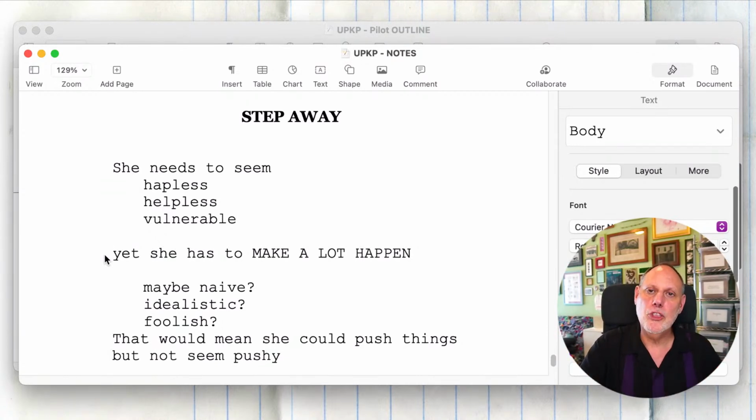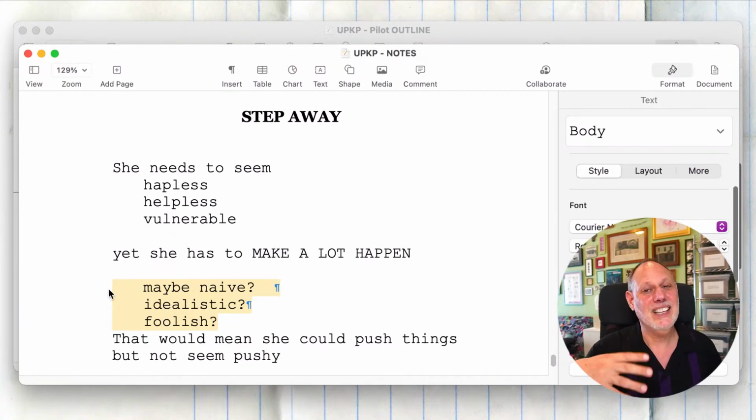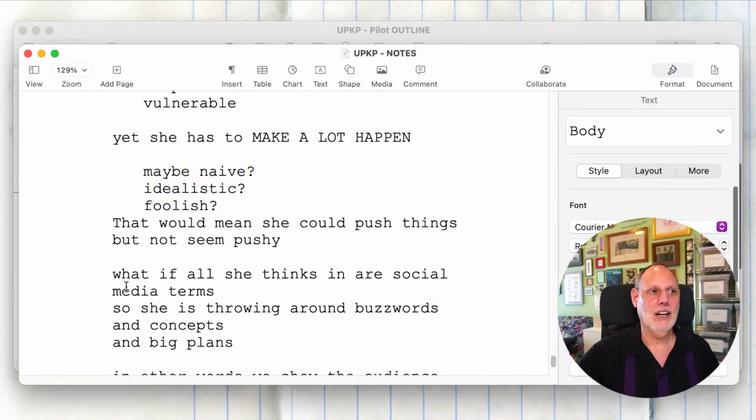Gung-ho, but somebody that other people aren't worried about or afraid of or resisting. And so I thought, what if she's kind of foolish? What if she's so gung-ho that it's sort of sweet? It's sort of like, yeah, okay, nice. I hope that works out for you.